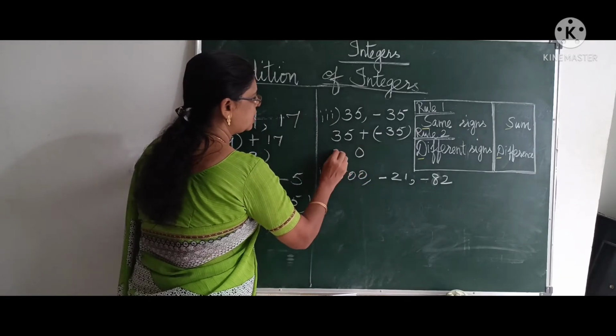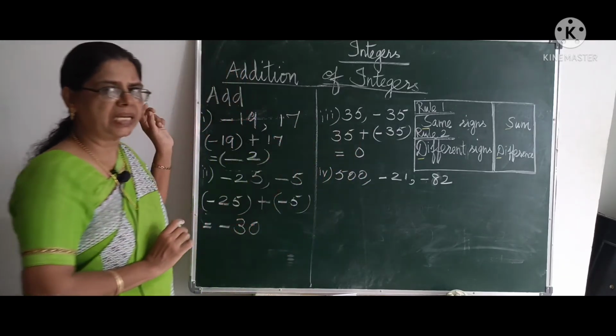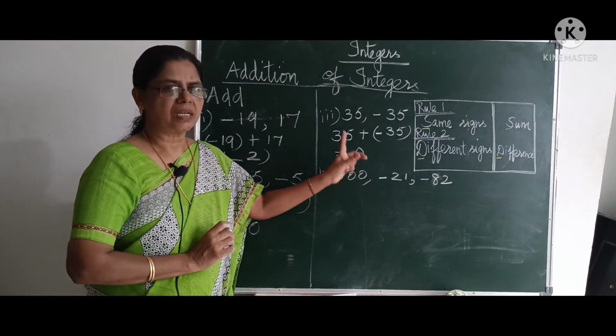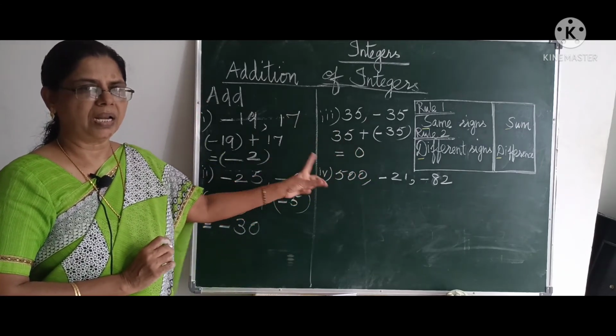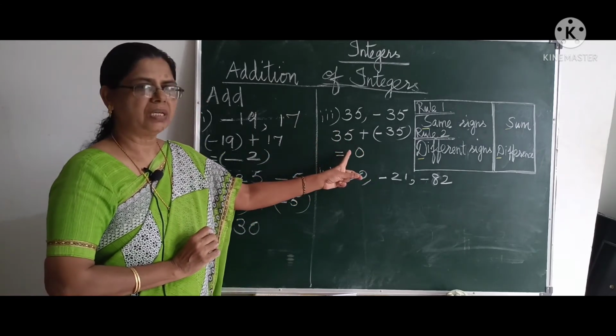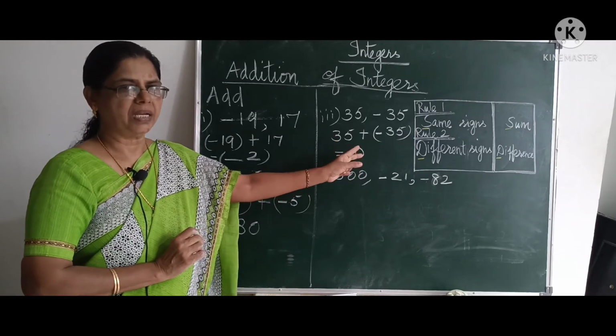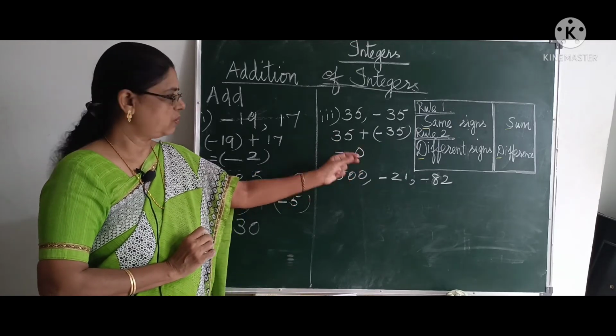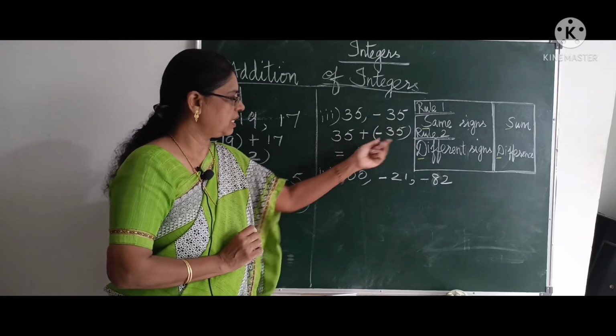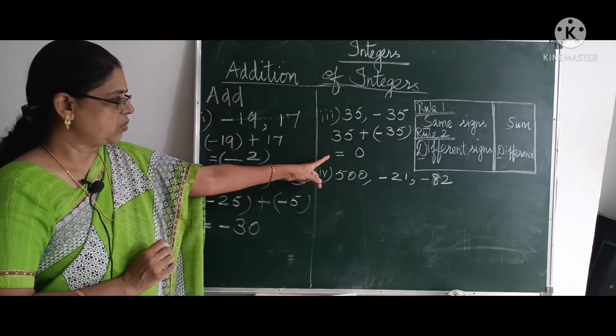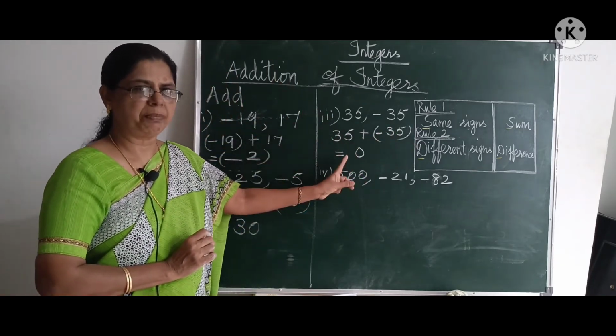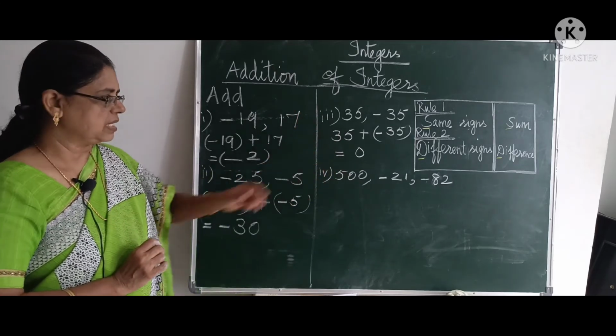Here, with 0, you should not put any sign because 0 is neither positive nor negative. So, you should not put either plus sign or minus sign. It should be only 0. 35 plus minus 35 is equal to 0 because 0 is neither positive nor negative.